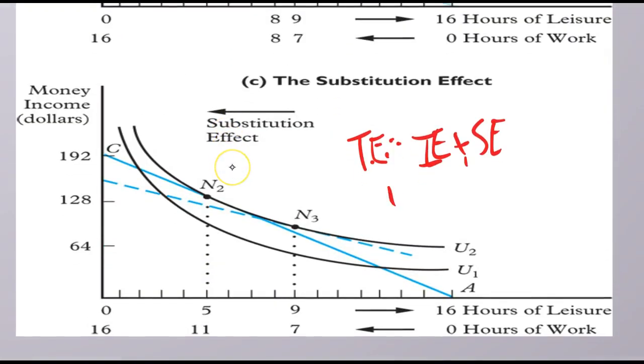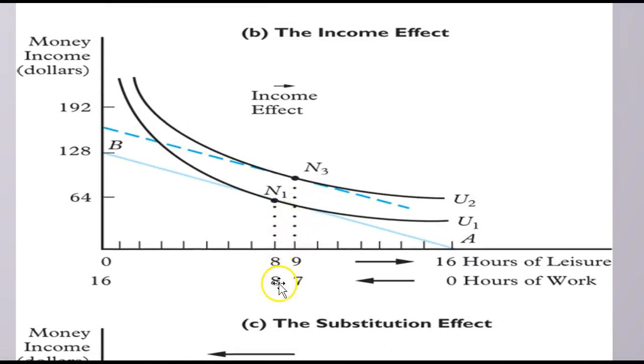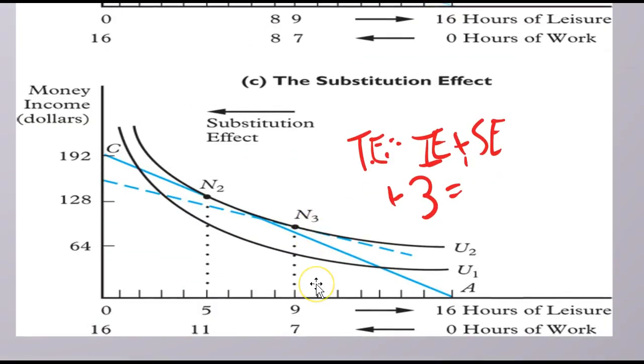So the total effect is plus 3. The income effect had your labor going from 8 to 7, so you're working 1 less hour, plus the substitution effect. If you solve for this, the substitution effect is going to equal 4.